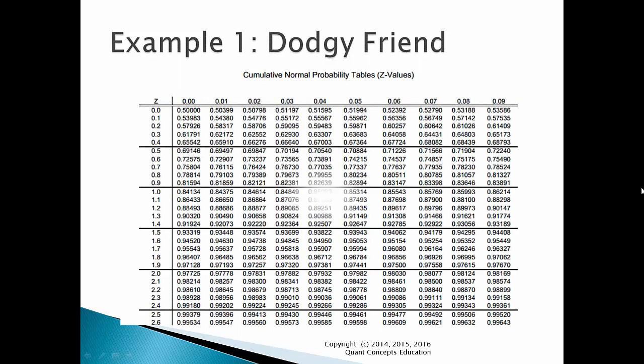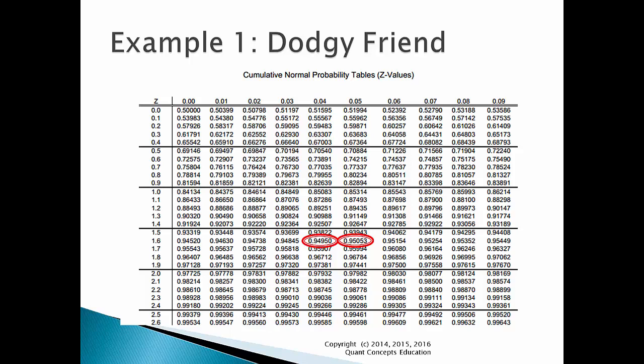So we open up our Z-table, and since the probabilities in the table are cumulative probabilities, that is, the area to the left of the Z value we're after, we must look up 0.95. The first number I spot that is close to 0.95 is this one. However, 0.9495 is very close to what we're after also.